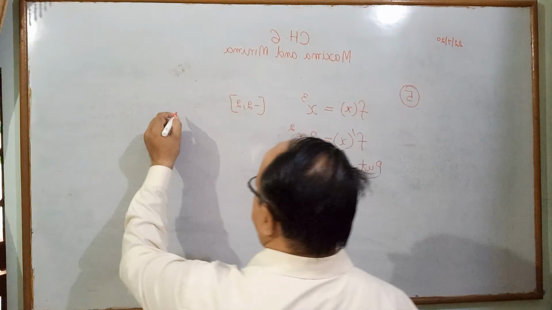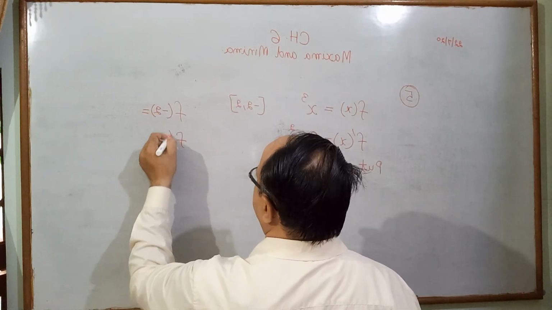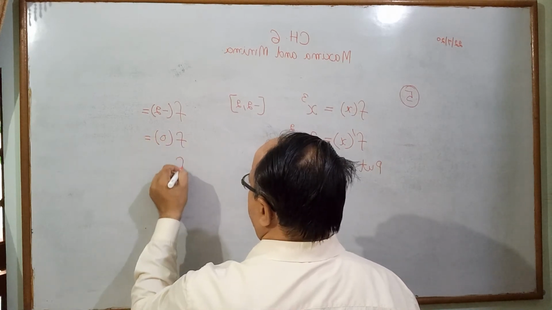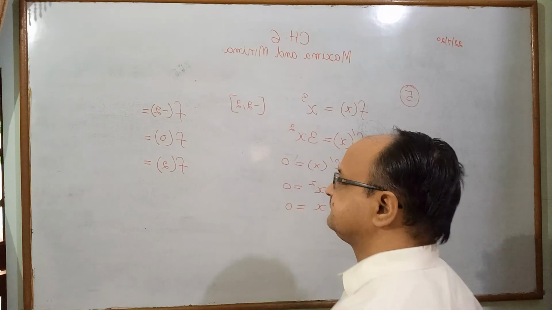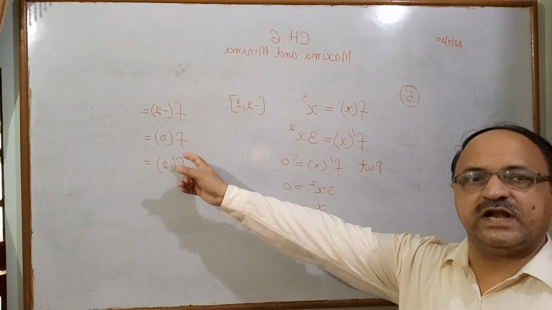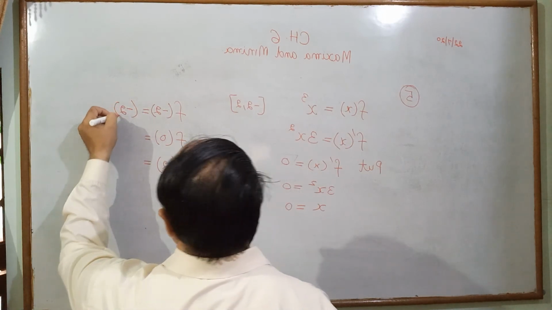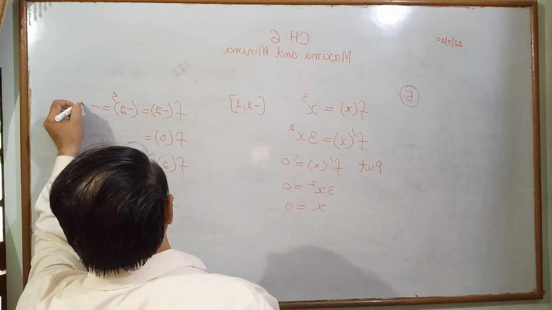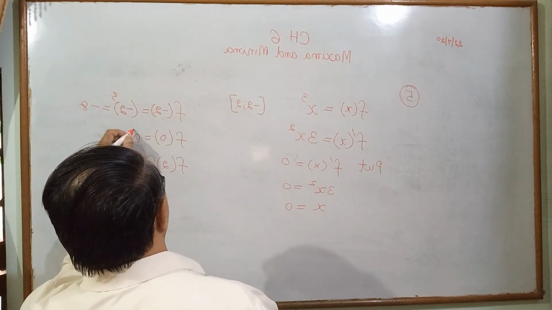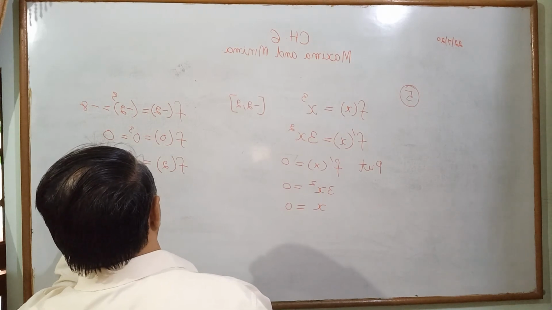Now there are three values: f of minus 2, f of 0, f of 2. Right? Now put these values in the original function. Minus 2 cube is minus 8, 0 is 0, and 2 cube is 8.